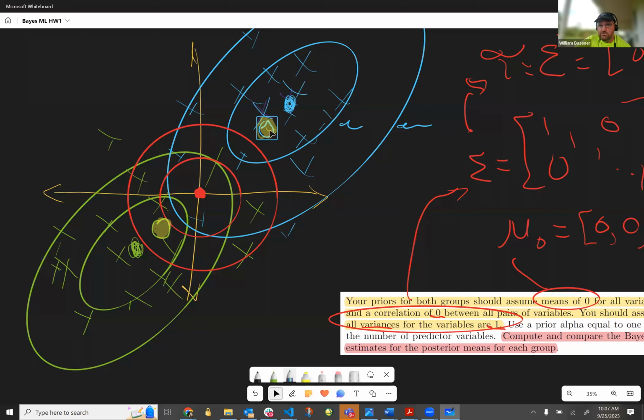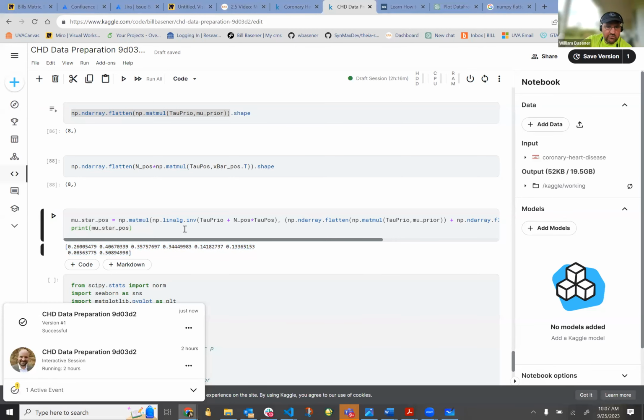So this mu star positive should be taking the data mean and pushing it a little closer to the origin, right? Similar to what we've talked about in the coin case, but right now we're in 8 dimensions instead of 1. Now we're using multivariate normal distributions, or multivariate Gaussian, instead of binomial, but very similar to what we did in the coin case.